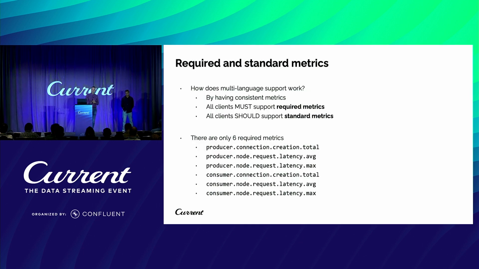So let's talk a little bit about the required and standard metrics. The purpose of this is to enable metrics from different client libraries to be brought in together. Because we have people who write Python applications that use clients, and .NET applications that use clients, and Java applications. Now the Java ones almost all use the Apache Kafka client.